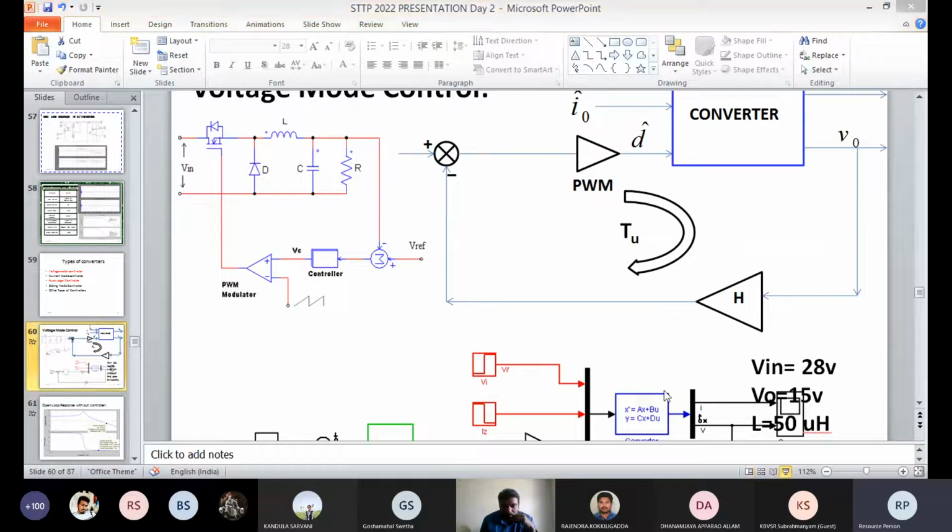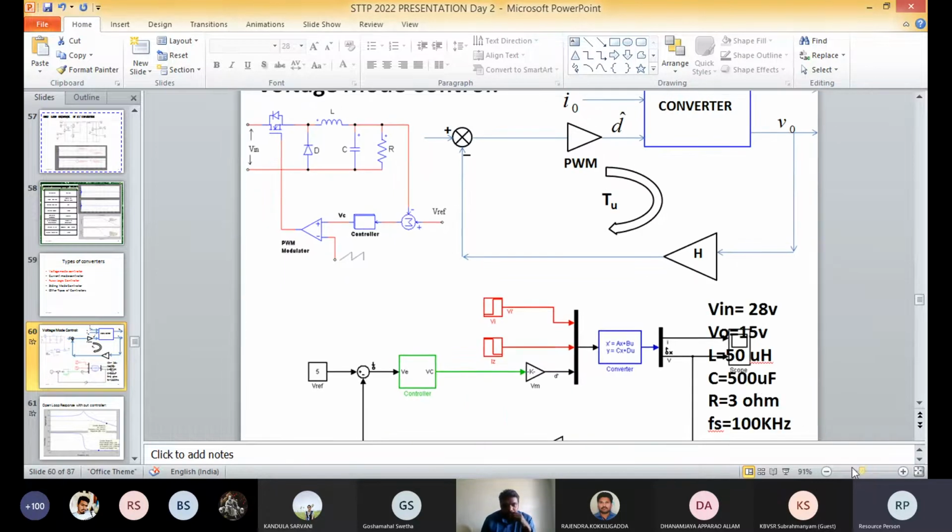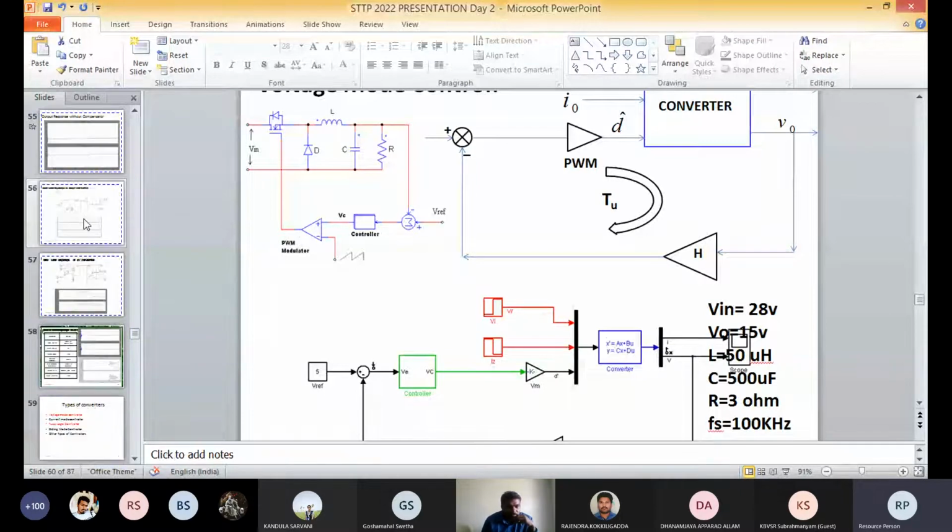It's too much zoom. Okay, we know the necessity of the controller. Okay sir, please zoom it.